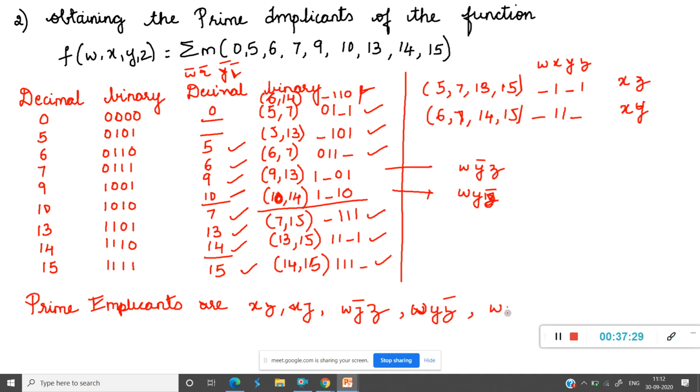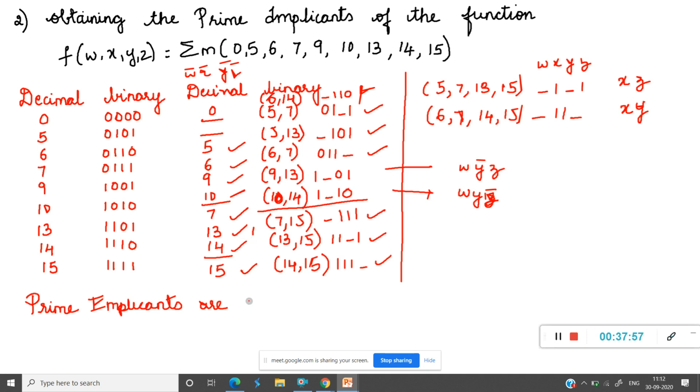Next comma 0, W bar, X bar, Y bar, Z bar. Okay, so these are the prime implicants.